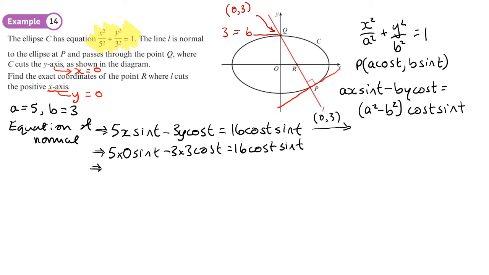So obviously the first part goes, we'll have negative 9 cos t equals 16 cos t sin t. Then we can divide both sides by cos t like this, and from that we will have sin t equals, so we'll divide both sides by 16, negative 9 over 16.